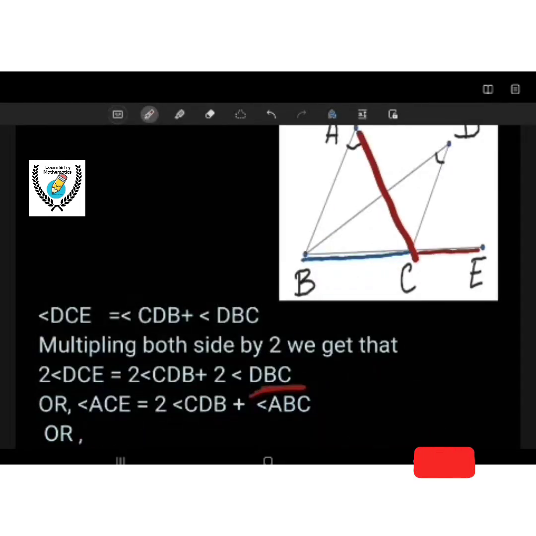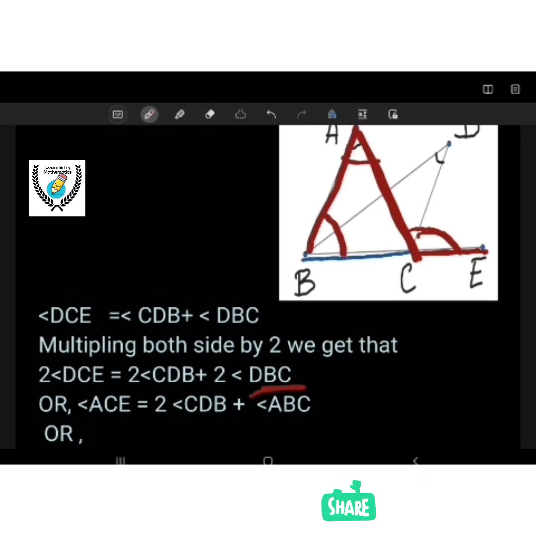ACE, the exterior angle ACE, the value of ACE is equal to the sum of the opposite two interior angles for this triangle. ACE is the exterior angle.